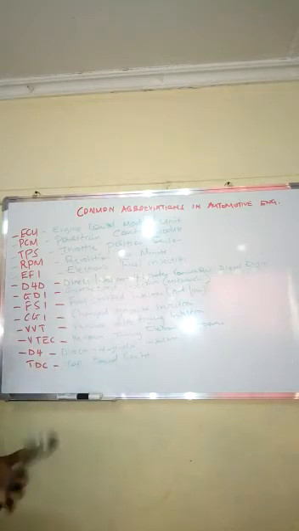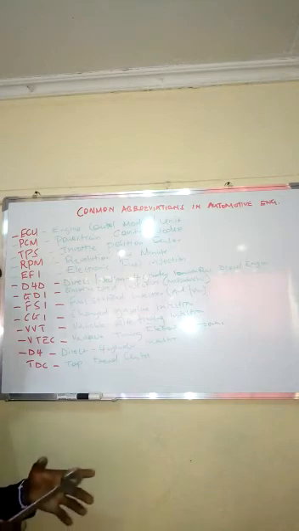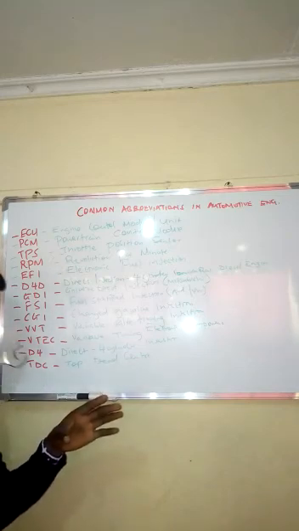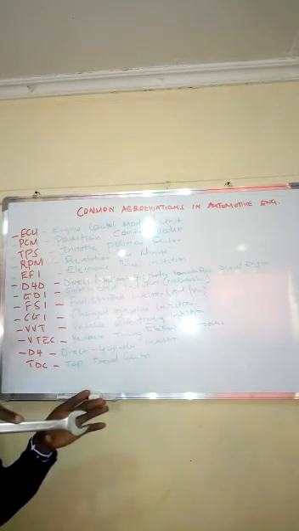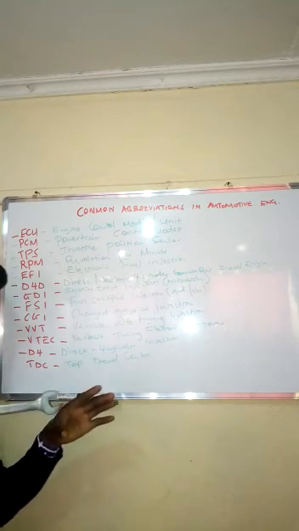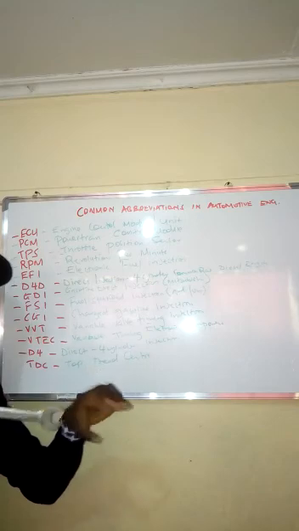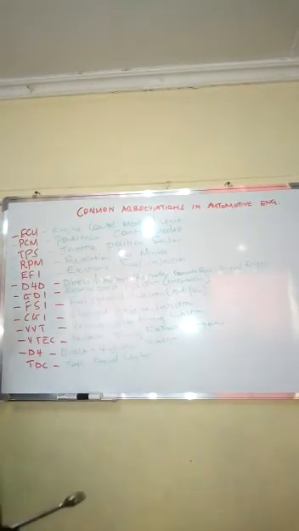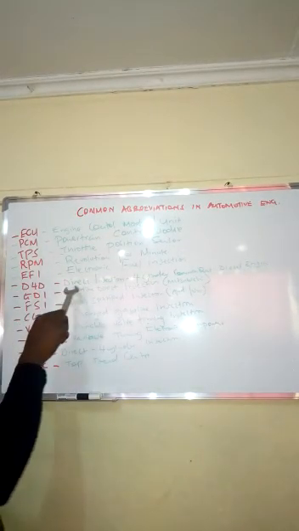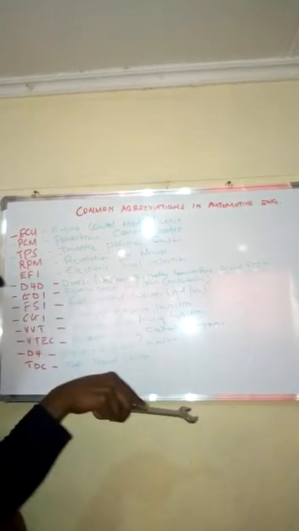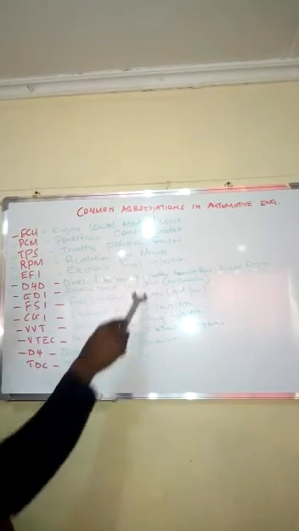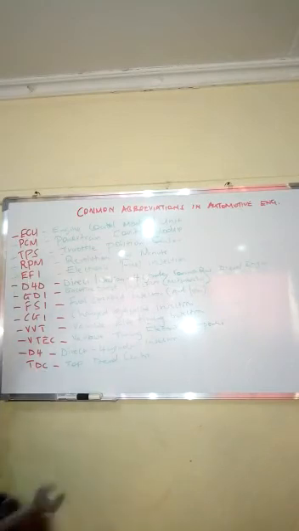Unlike indirect injection, whereby the fuel is not directly injected into the combustion chamber, but before the combustion chamber there's an orifice, a port that the fuel is injected through before it goes into the combustion chamber. But in this mode, fuel is injected directly in the combustion chamber, and it's a 4-cylinder, common rail injector diesel engine.